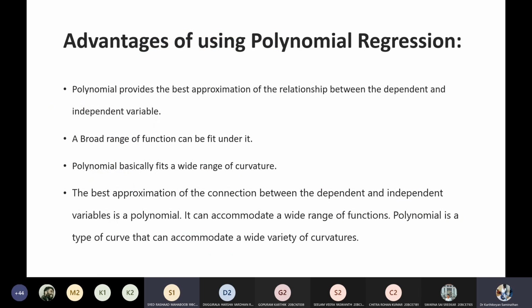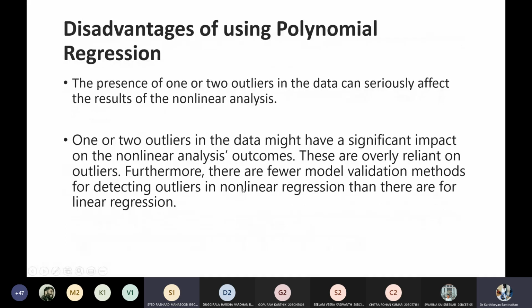What are the advantages of polynomial regression? Polynomial regression always gives the best approximation of the relationship between dependent and independent variables. It also gives a broad range of functions. The polynomial basically fits a wide range of curvature. It also accommodates different variables, so it will reduce your error rate, right?